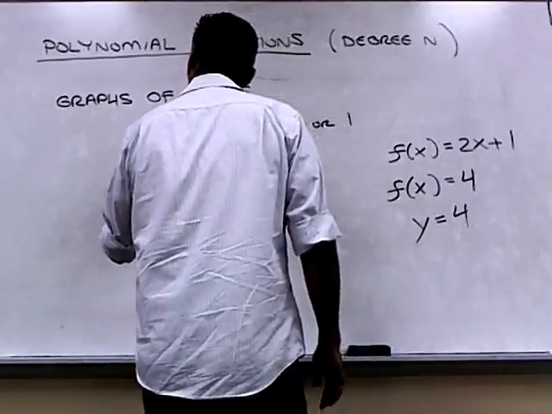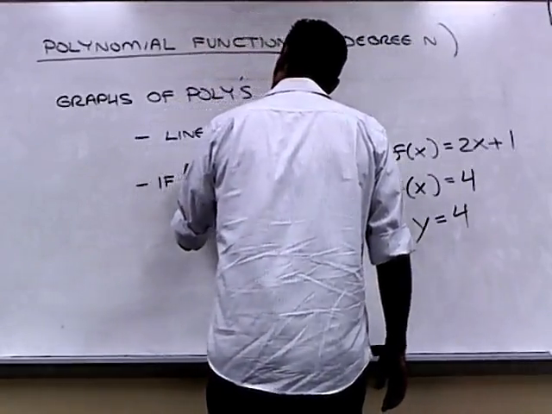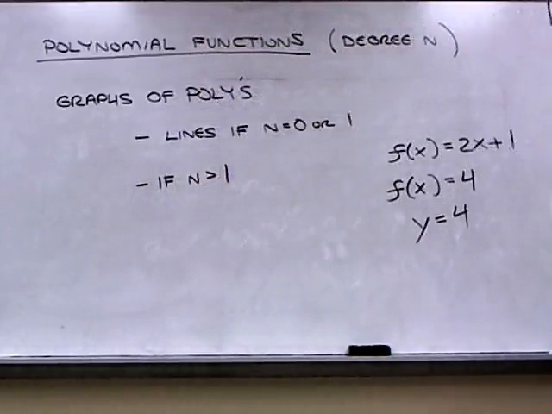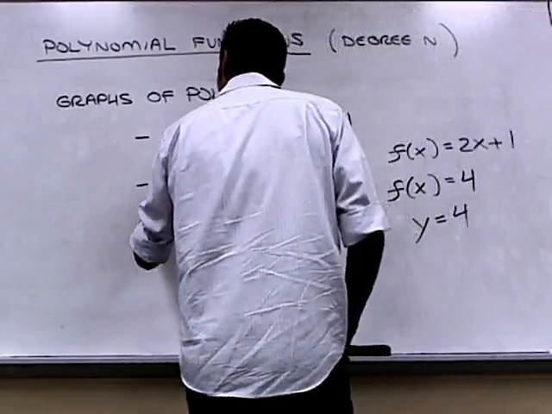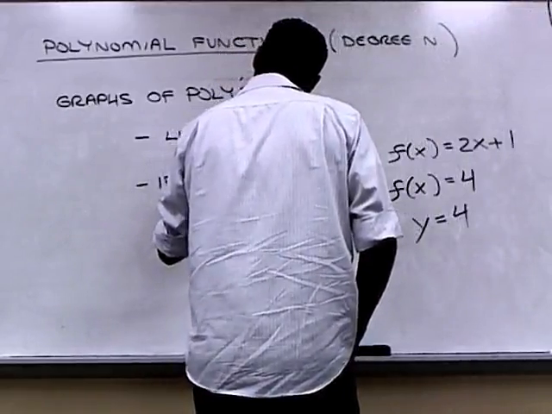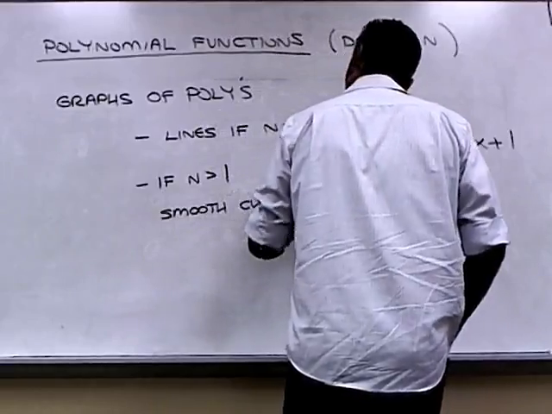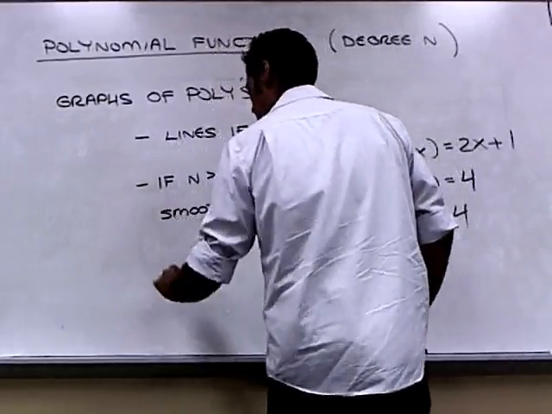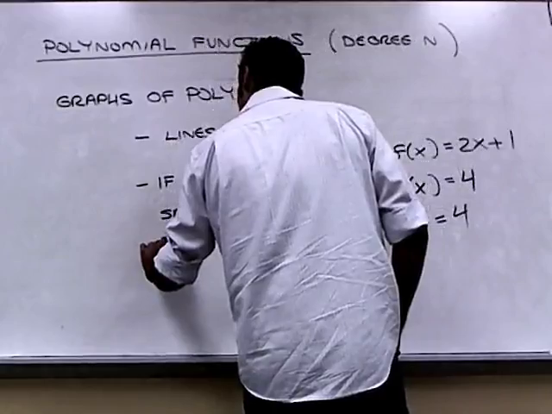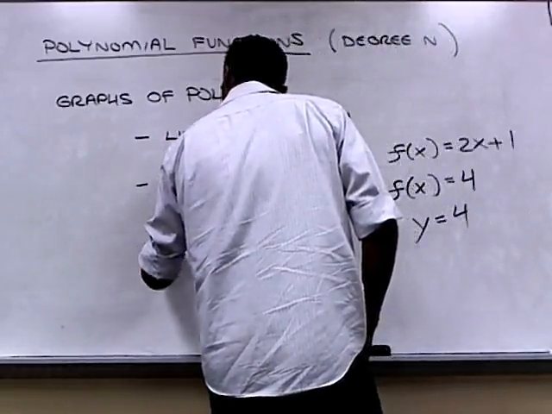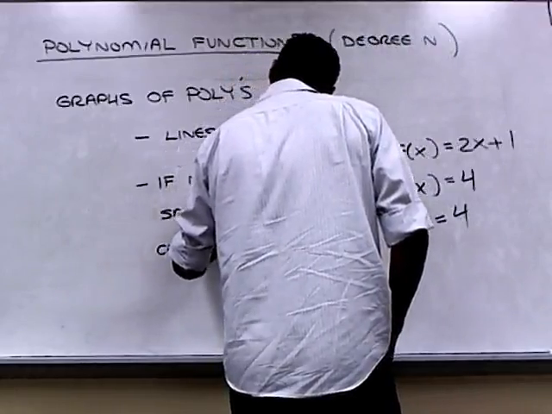Now, if the degree is greater than 1, that means 2 or 3 or 4 or 5 or 6 or 7 or 8 or 10,000, you will have a smooth curve, and what we call continuous.